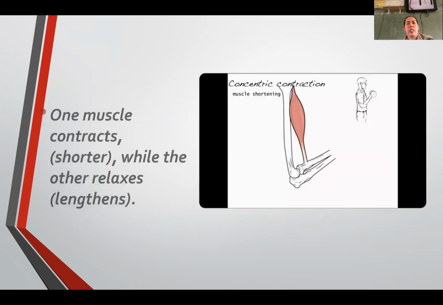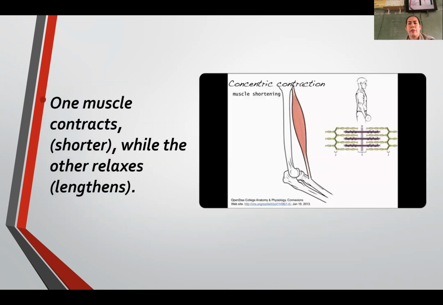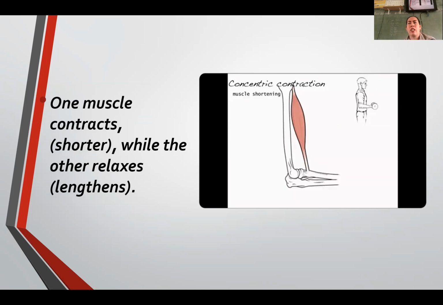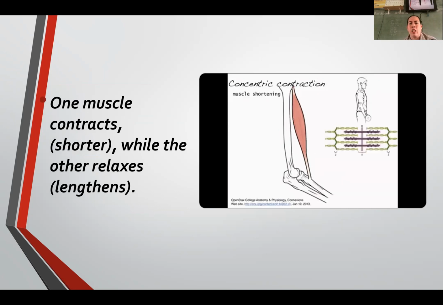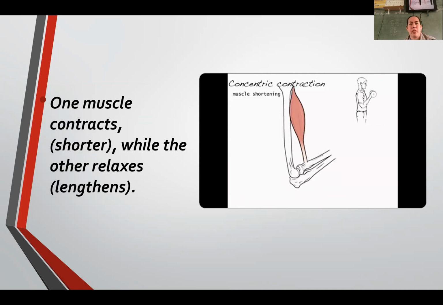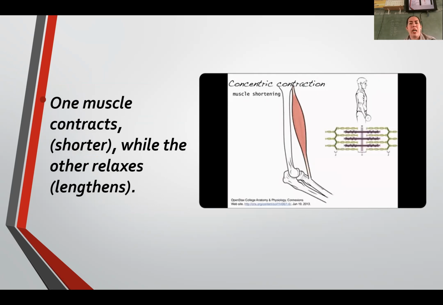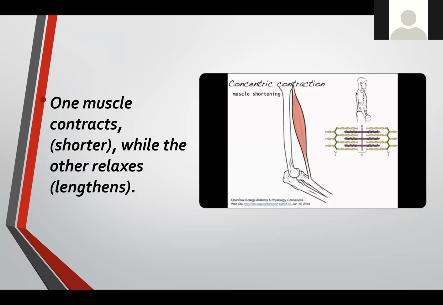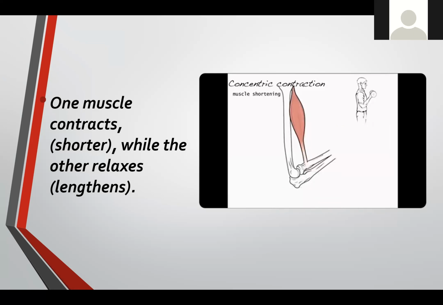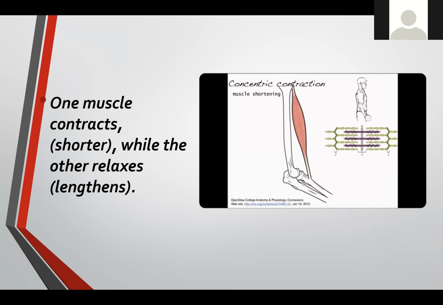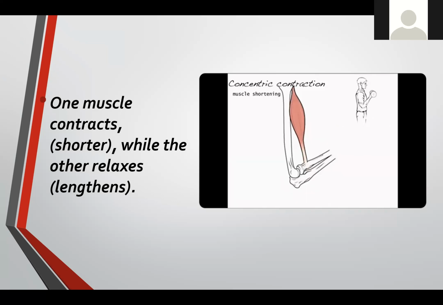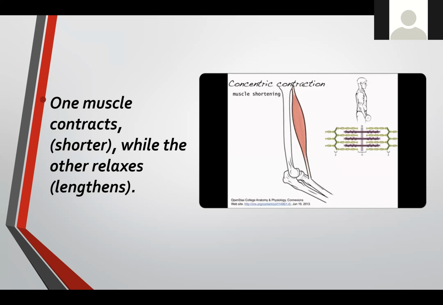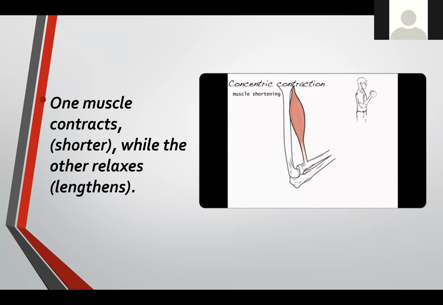Okay, next. Look at this. Concentric contraction. So we know that muscles work in pairs, right? So one muscle contracts and the other muscle is relaxing. Look at the moving picture. When we do like this, we are contracting. When our muscle is contracting, the muscles are shorter. When we are relaxing, the muscle lengthens.